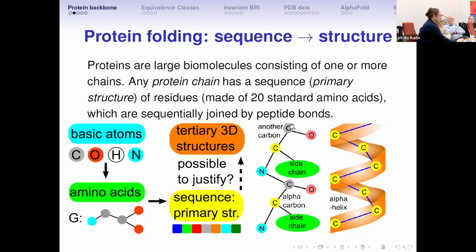Here we start with what is inside of each peptide chain, each protein chain, and that is the so-called protein backbone. The protein backbone is just a collection of the nitrogen, the so-called alpha carbon, the carbonyl carbon, and that's it.